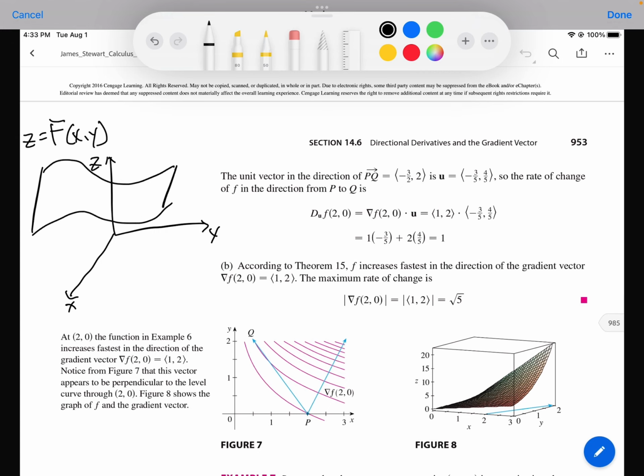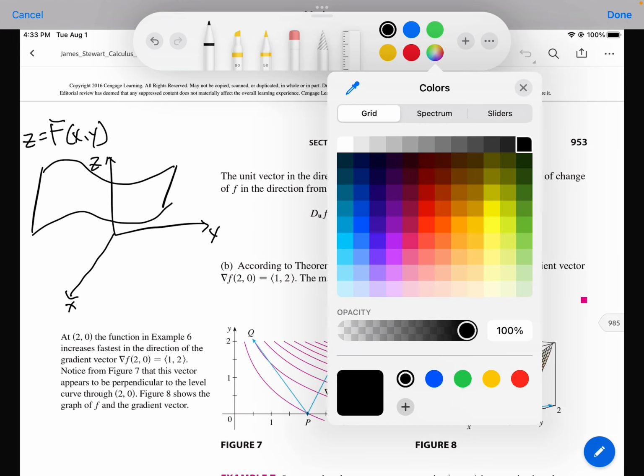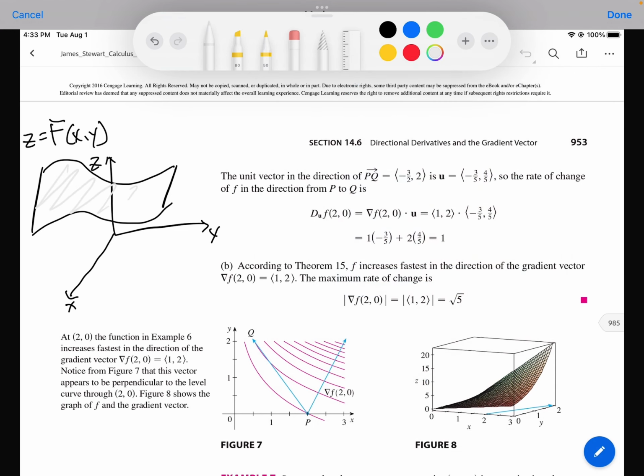Again, this goes back to my plane example here. The concept of a gradient vector is that it always exists on the xy plane in this space, in this case.